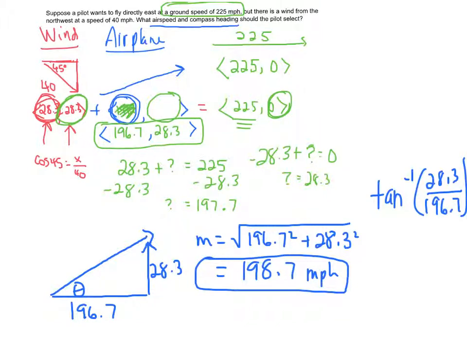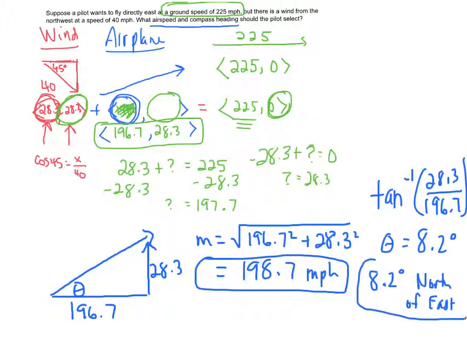When I type that in my calculator, I get a theta value of 8.2 degrees. So I would say 8.2 degrees north of east. And there we have it. We have our airspeed, magnitude, and compass heading: 8.2 degrees north of east.